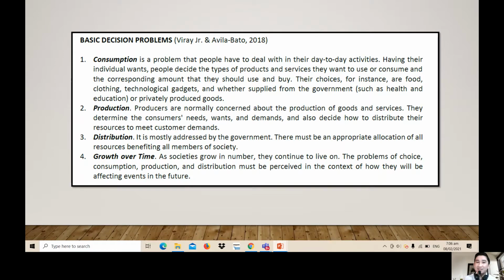As a society grows and nag-i-increase naman talaga yung population natin and we also continue to live on and that we also consume resources. So, growth over time means that ano yung magiging decision natin will also affect in the future. So, a wise man, an individual, businessmen, and the society as a whole must be wise in sustaining these scarce resources. Okay, so those are the basic problems.